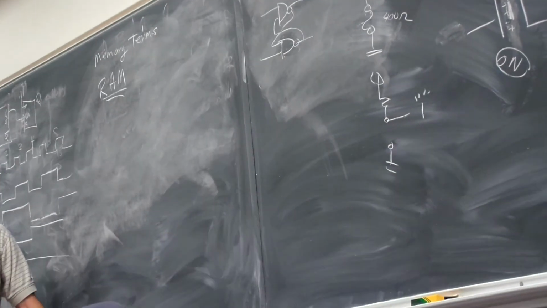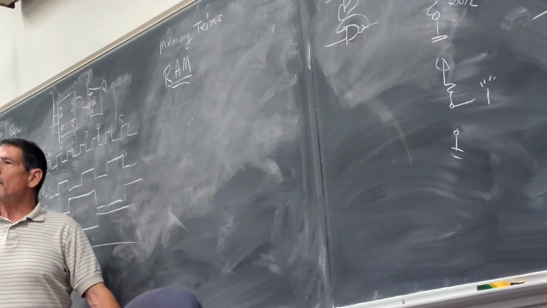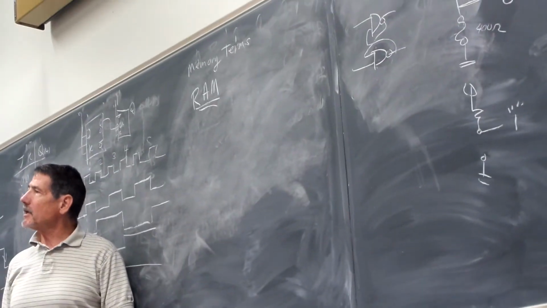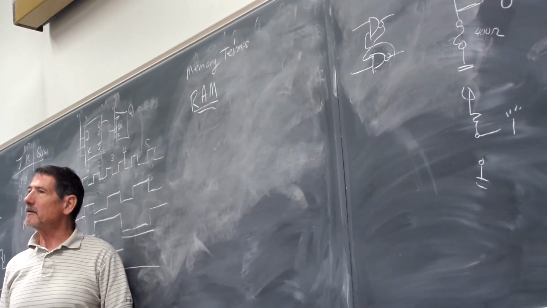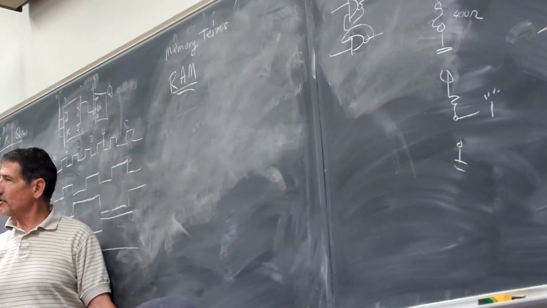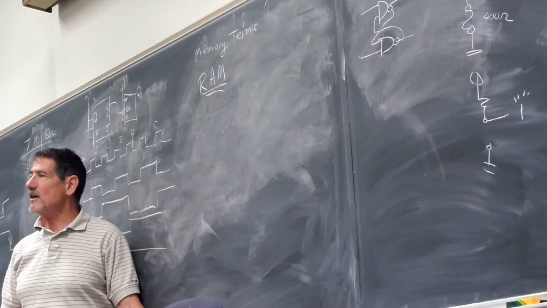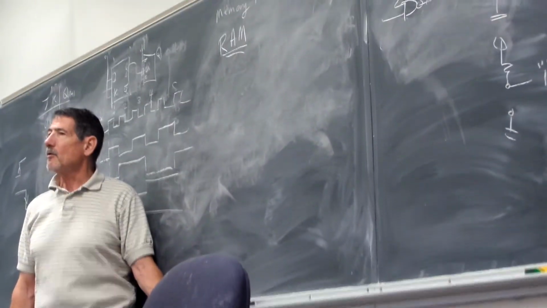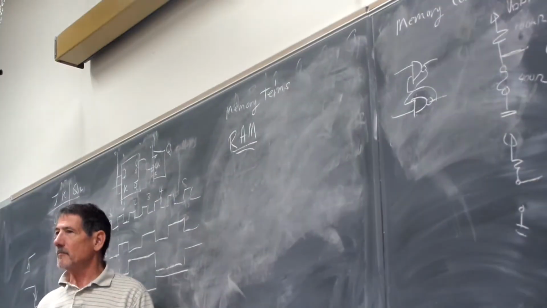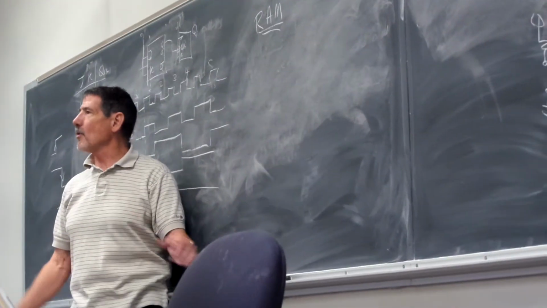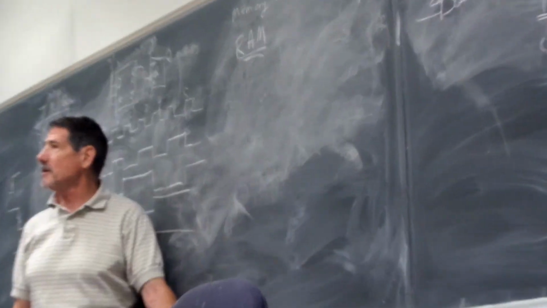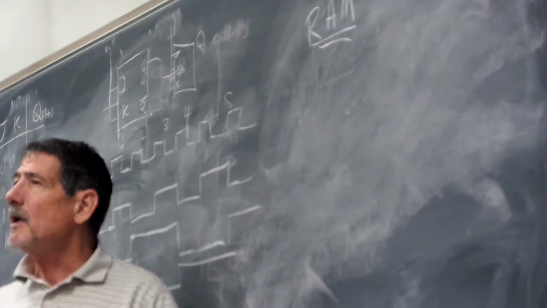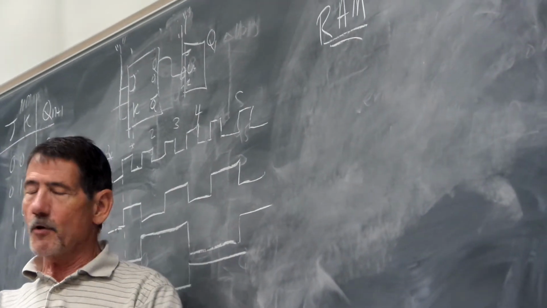Random access memory. What it means is that you can get at any location in memory just as fast as you can get to any other location. So in your computer, is your RAM memory, can you get to any part of it just as fast as you can get to any other? The answer is yes.